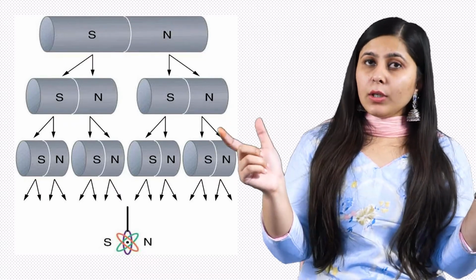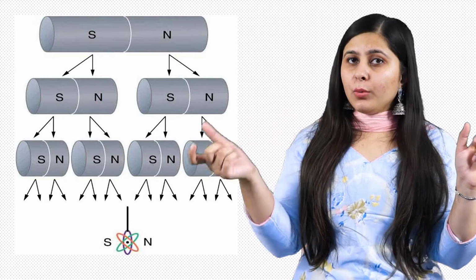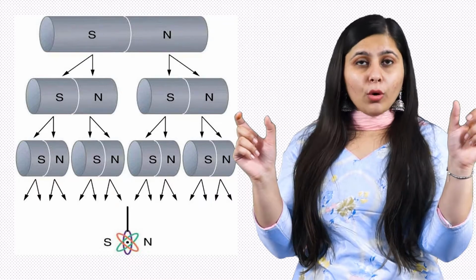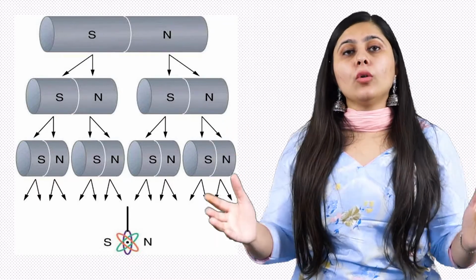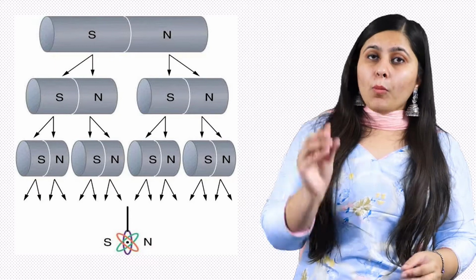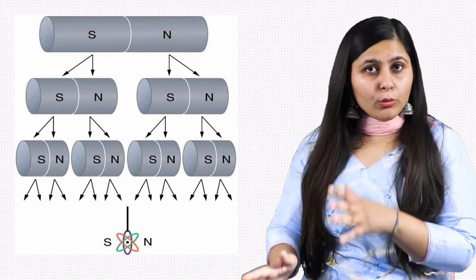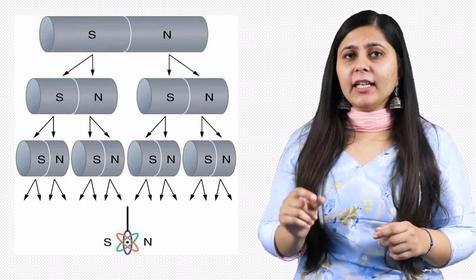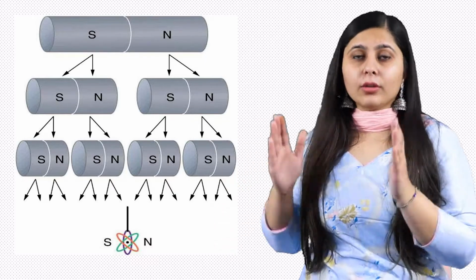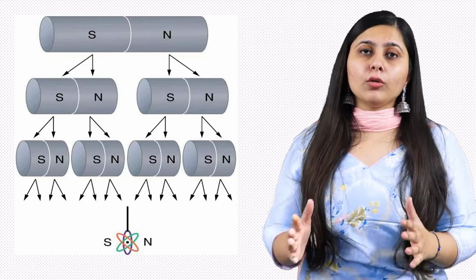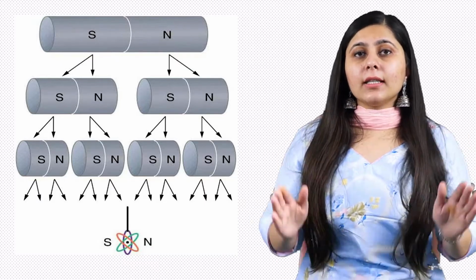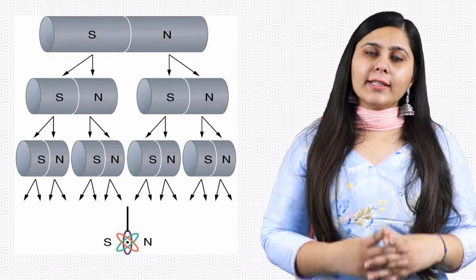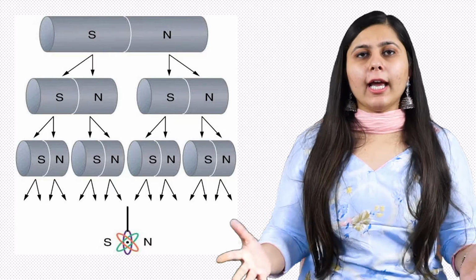So what will happen, the first magnet will automatically make a south pole, and the second magnet which already had a south pole will make a north pole. That means even the smallest piece of magnet, if you powder it, or I must say if you crush it, still the tiniest portion of the magnet will have a north pole as well as a south pole. So a magnet is always a dipole. So remember this, a magnet is always a dipole, that is, having two poles, north and south.